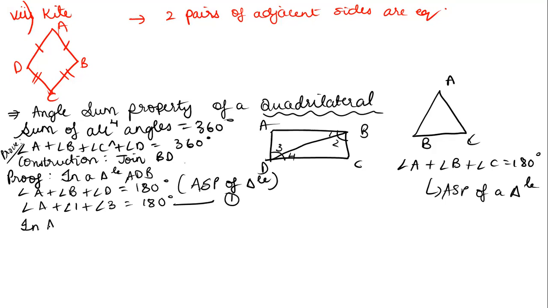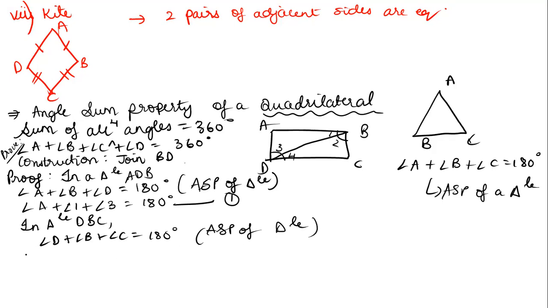Now take this as equation 1. Similarly, in triangle DBC, angle D plus angle B plus angle C is equal to 180 degrees, again because of the angle sum property of a triangle. Clear? So angle BDC is angle 4, plus angle DBC is angle 2.